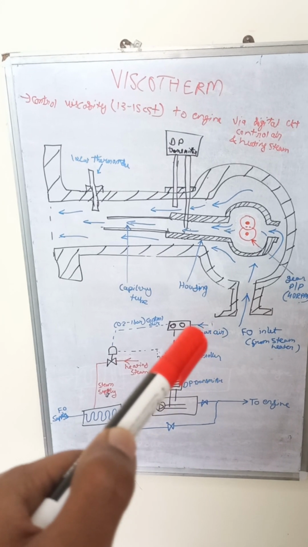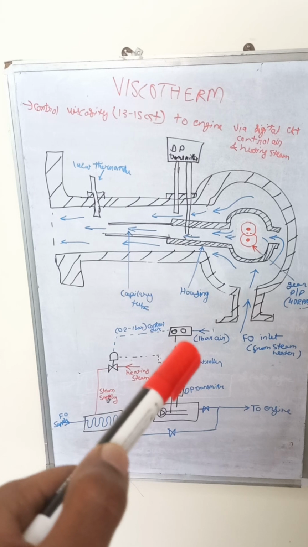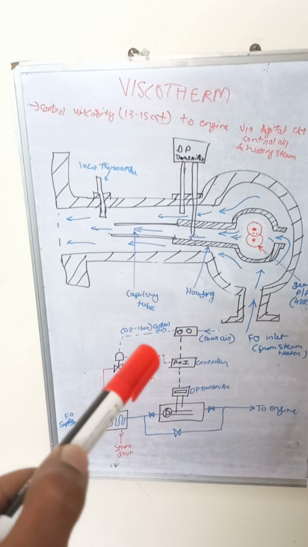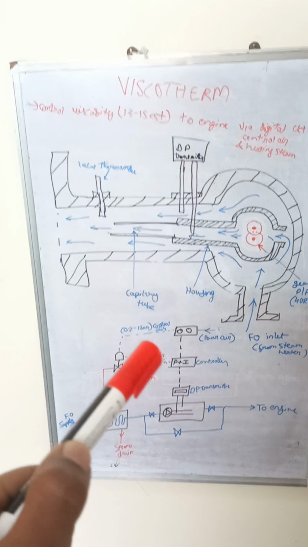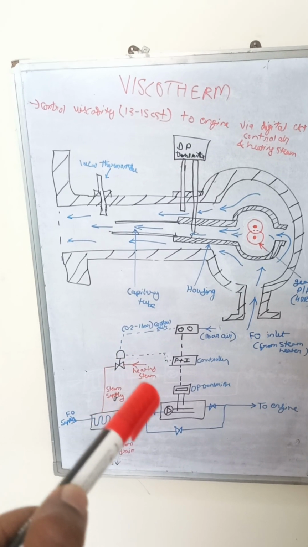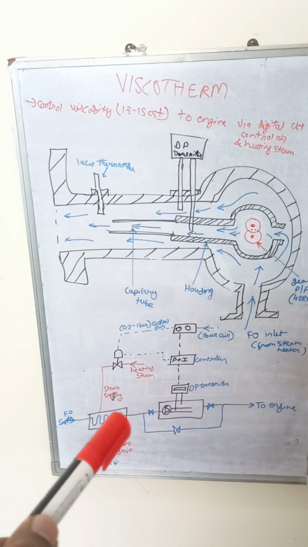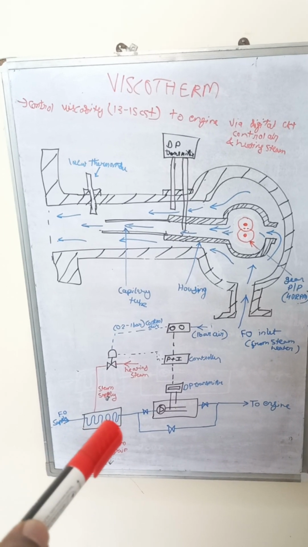So 1 bar of air is given to this control signal. It is by hand or by auto control, and the air given out is in the range of 0.2 to 1 bar of control air pressure. This pneumatically controlled valve controls the heating steam provided. The steam is supplied to the heater and drained out. This will control the temperature.